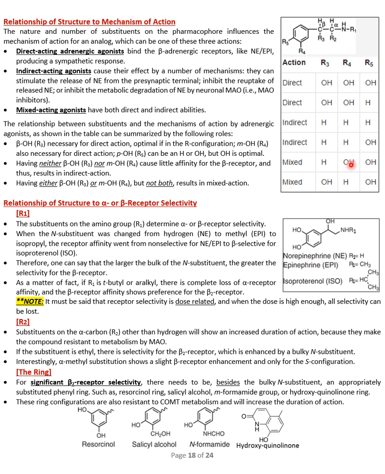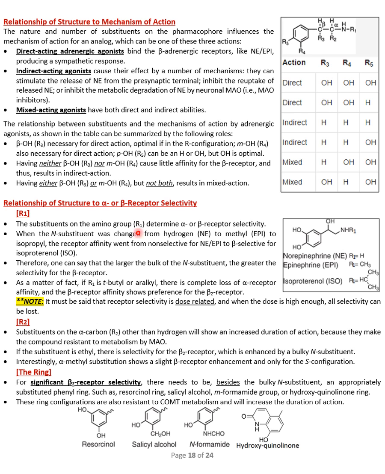In fact, based on this table, if you have an OH group at R3 or at R4, then that would be a mixed action. I believe if you inverse these two, basically if you have an H here and H here, then that would be probably inactive. Anyway, based on these rules, you should be able to find the way these beta agonists work.